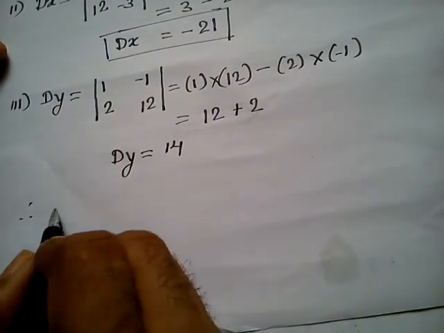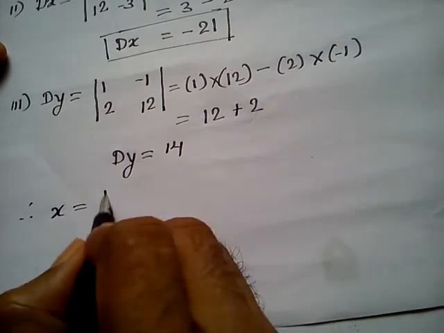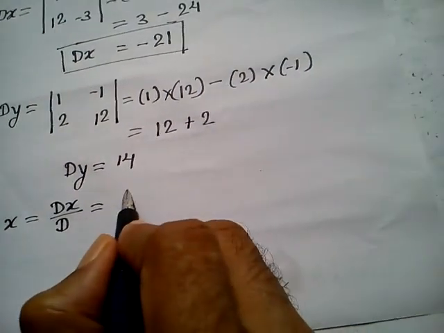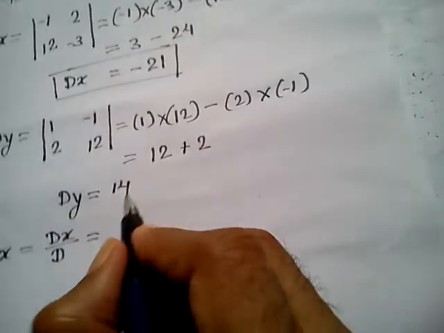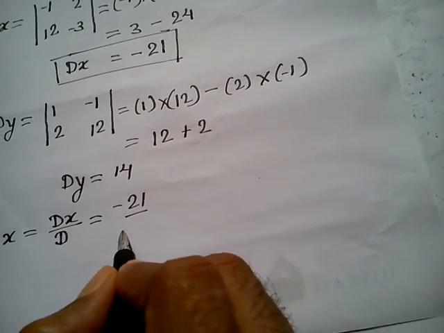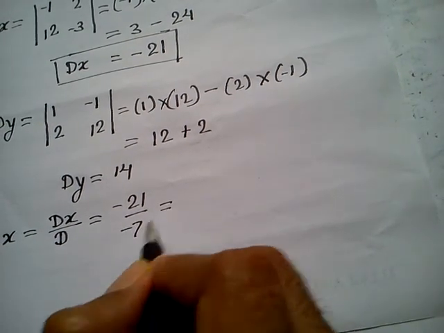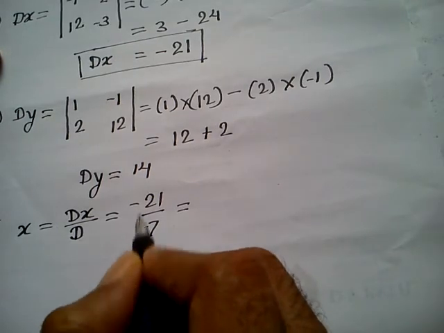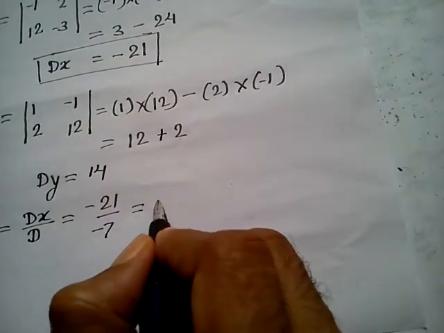Therefore x is equal to dx upon d is equal to, what is dx? Negative 21. What is d? Negative 7. Both are positive. Numerator and denominator, negative will be cancelled, so 7 3s are 21, x is 3.